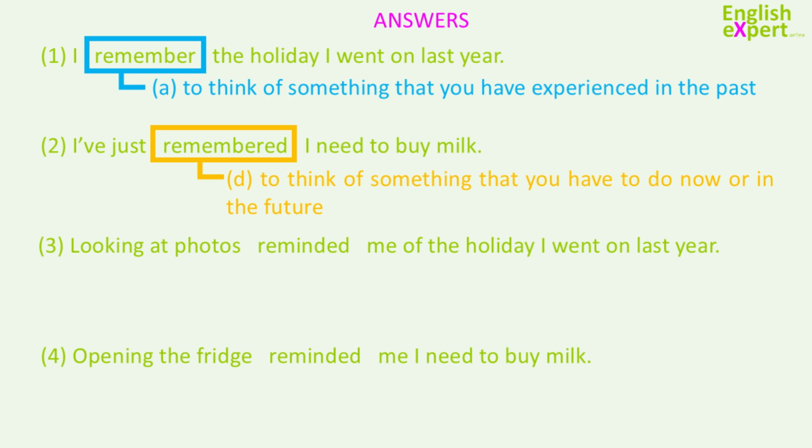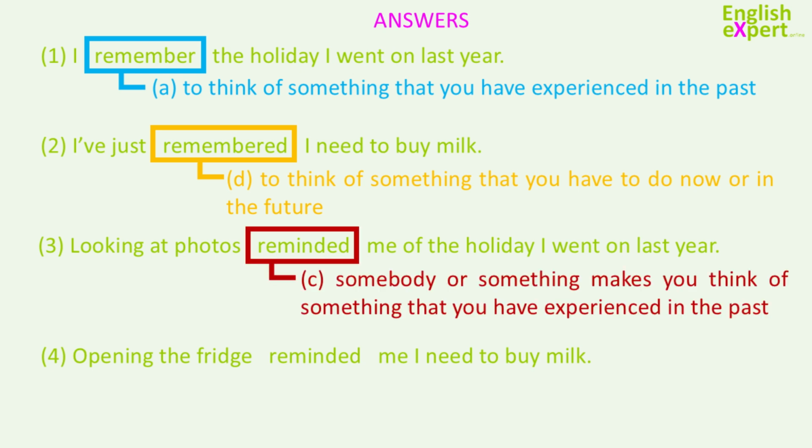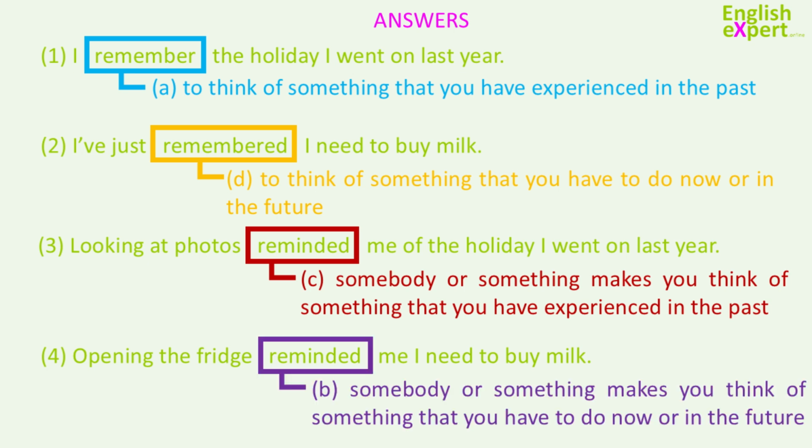In sentence 3, remind matches with meaning C. Somebody or something makes you think of something that you have experienced in the past. In sentence 4, remind matches with meaning B. Somebody or something makes you think of something that you have to do now or in the future.